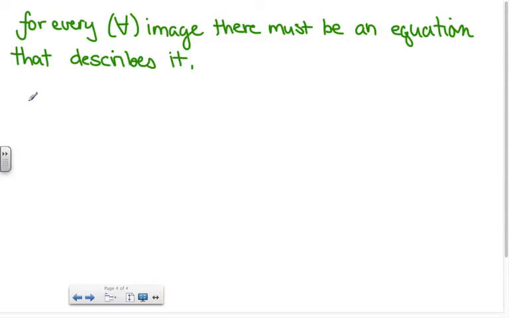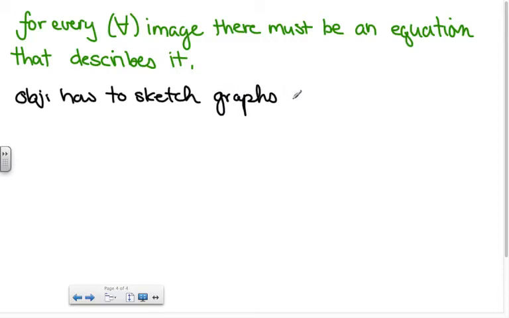So, as you know, our first objective is to learn how to sketch equations. So this is objective 1. How to sketch equations.